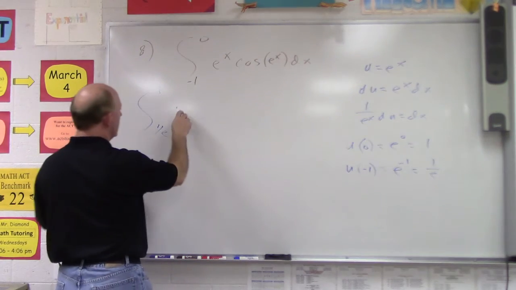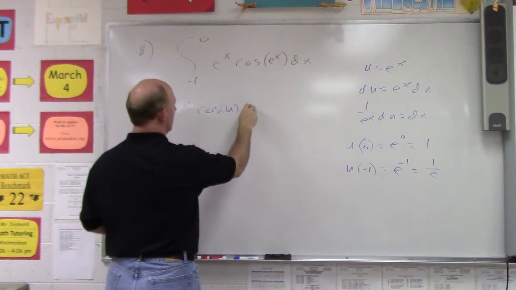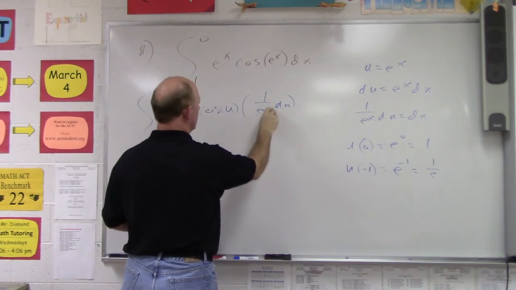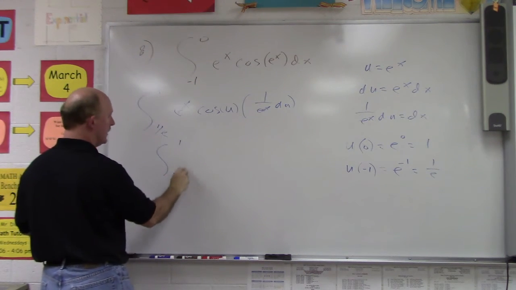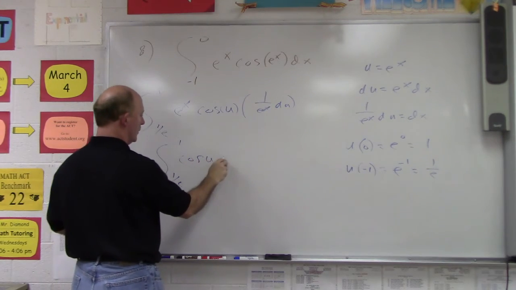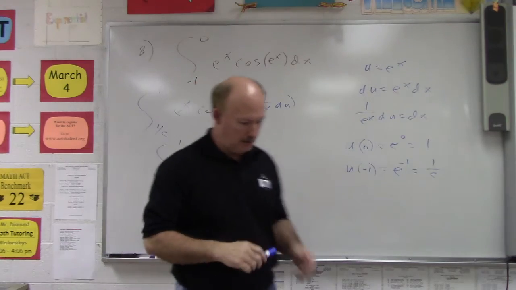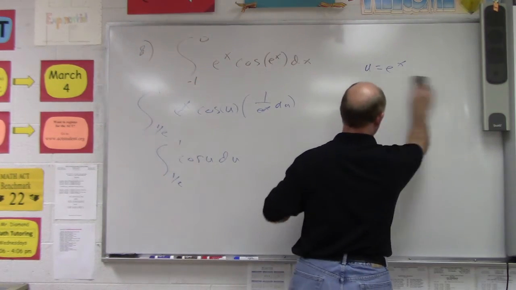We set up our problem here, this will be e to the x cosine u times 1 over e to the x du. Right? The e to the x's cancel out. And this will leave us with the integral of cosine u du. Right. And so I believe we're ready to get our antiderivative, so I'm going to erase this over here.